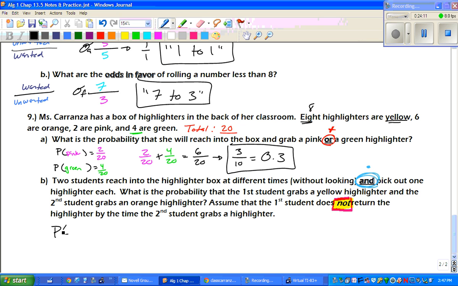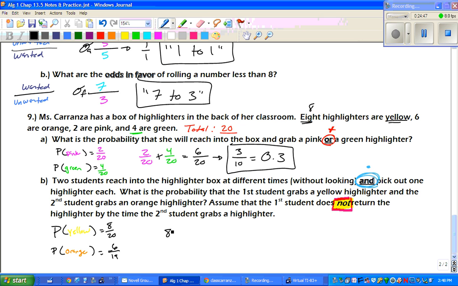That means the first time when the student goes to grab a yellow highlighter, there is an 8 out of 20 chance that's going to happen. But now when it's time to go for the orange, that highlighter hasn't been returned. So now there's 19, and there is a 6 out of 19 chance that it's going to get picked.